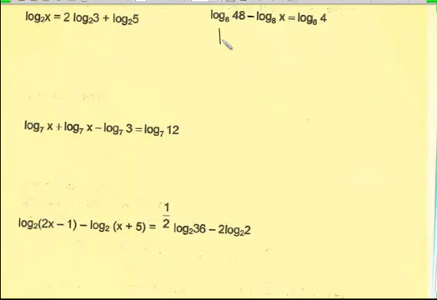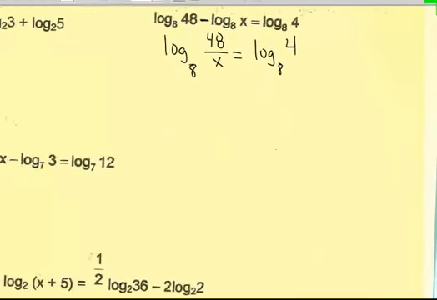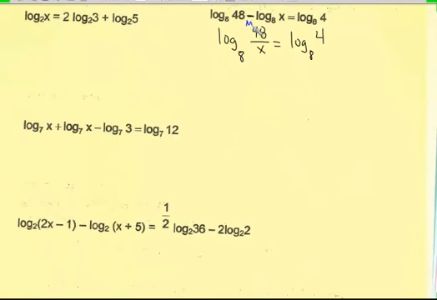So we have log base 8 of 48 divided by x equals log base 8 of 4. Now I have m and n. The 48 over x is the m and the n is the 4. So we could set these equal to each other. 48 over x is equal to 4 over 1.